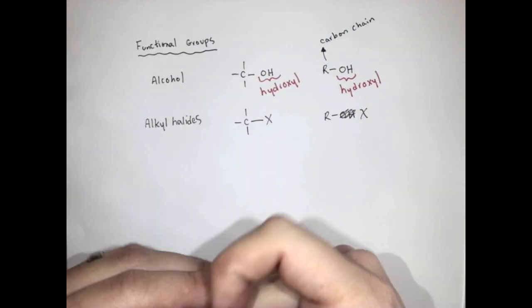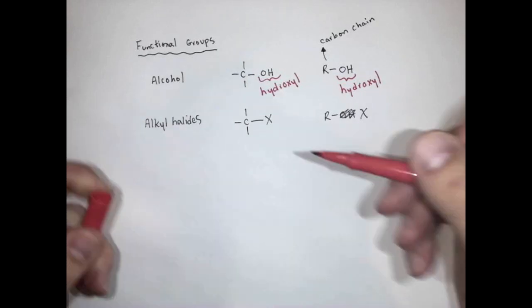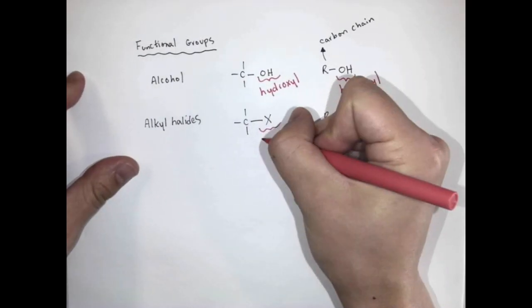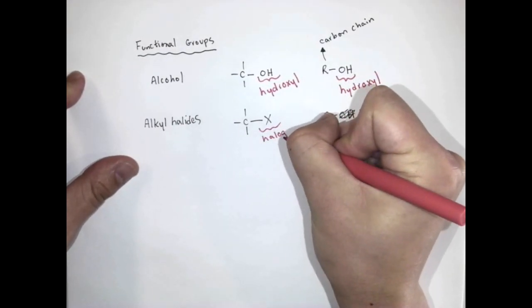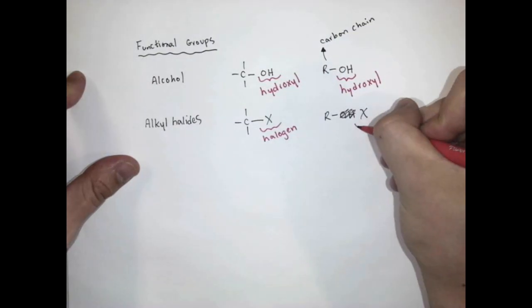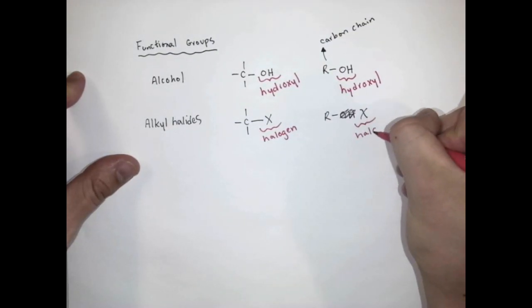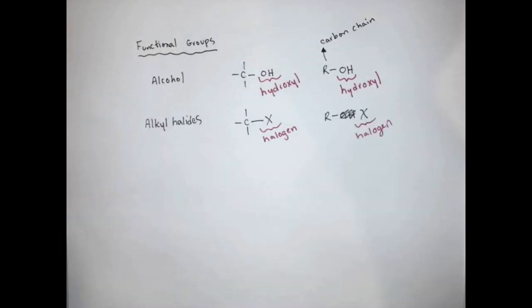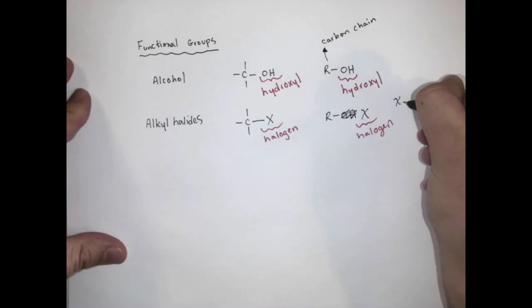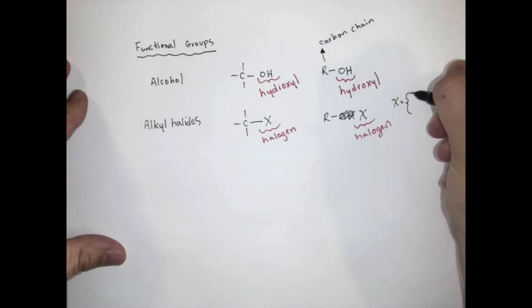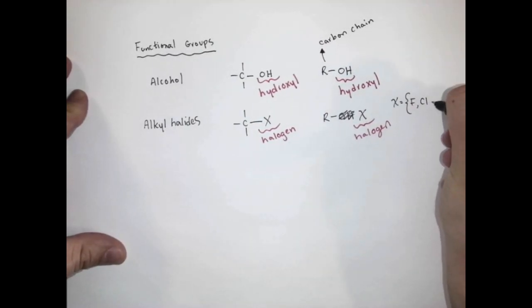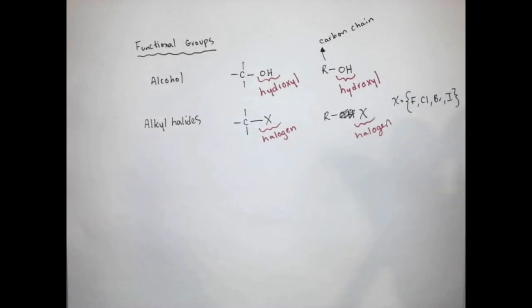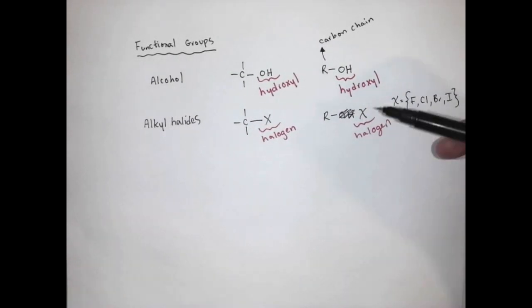X represents a halogen, so one of the elements from the halogen group. So X could be a fluorine, it could be a chlorine, a bromine, or an iodine. So those are alkyl halides.